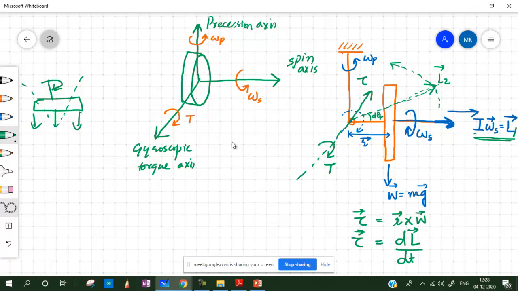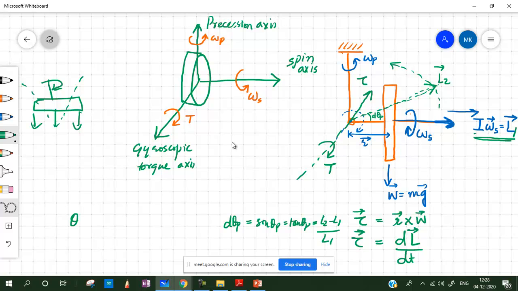But to write it properly, or to correlate with the precession axis, we know that this d theta p, if you assume it to be very small, approaches, let's say, sine theta p is equal to tan theta p. We can write it mathematically this way. So it's like perpendicular upon base. Perpendicular is nothing but L2 minus L1, and in the base we have L1.